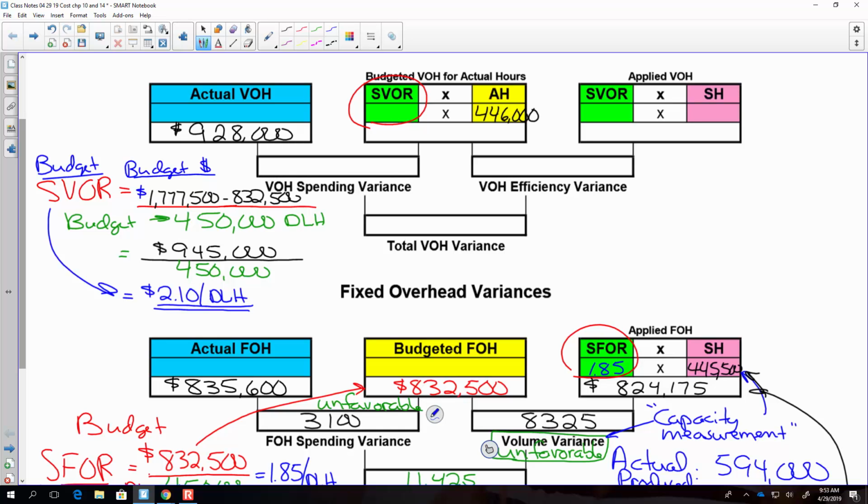So let's see if I can get it in the right box. 2.10. Is everybody comfortable with getting this SVOR? The key is we've got to look for a budget number.